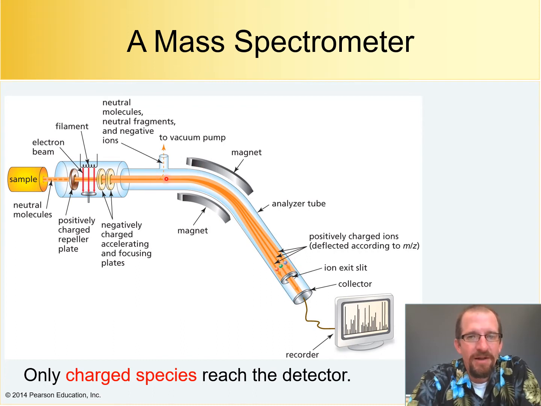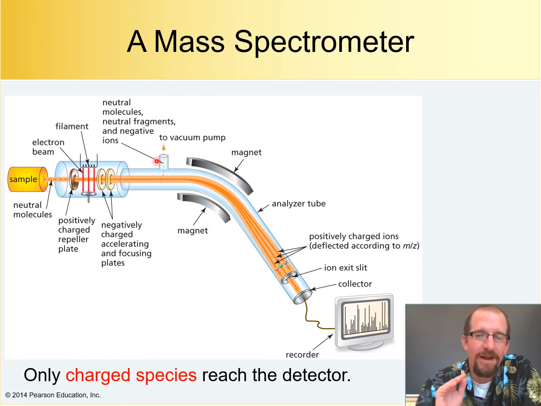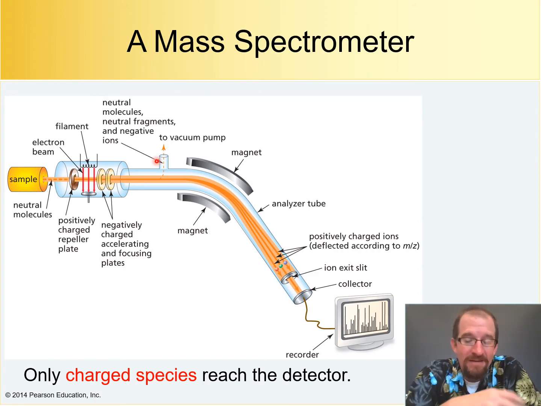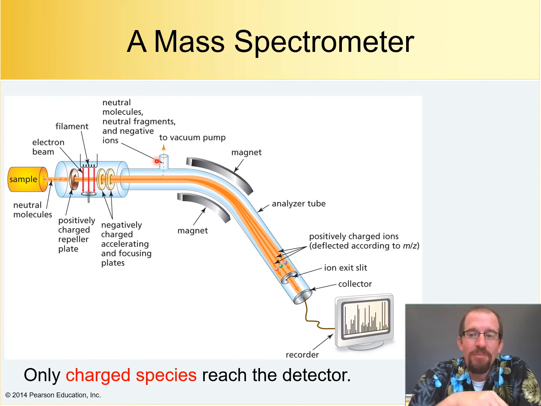The lighter molecules are more affected by that magnetic field and are going to be more on this side. So what you do is you adjust the magnetic field to get different molecules through the slit to get to the detector. So you ionize it and then it bends it, and depending on the mass of the compound, it will bend more or less. And that then tells you from the detector, you run controls, you run samples, and then you can figure out the mass of your compound.